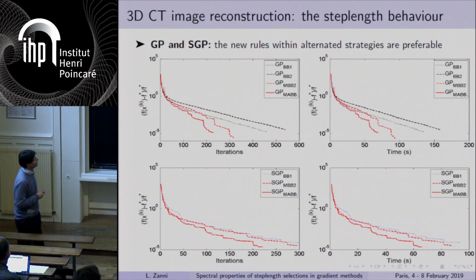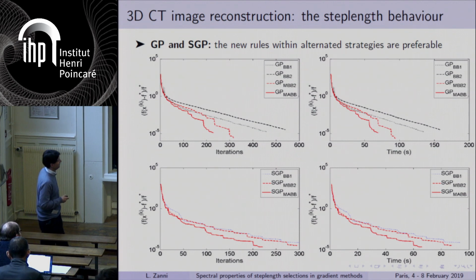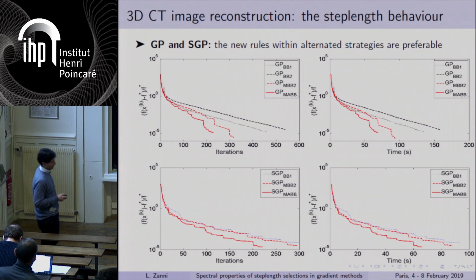That is, usually it is convenient to exploit the alternated Barzilai-Borwein rule by including the new rule designed for the constrained problem. This is true also in the scaled settings. Also in this case, the alternated rule seems to work much better.